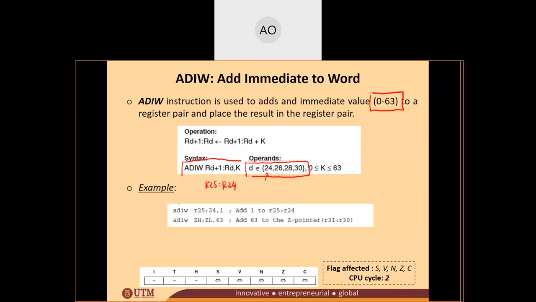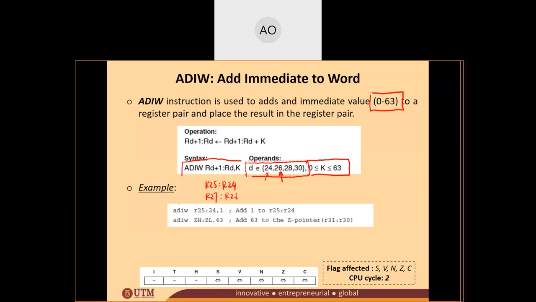If your D is R26, the register pair is R26 and R27. So you need to use this register pair only. What about your K? Your K should be from 0 to 63. Tak boleh lebih daripada tu. If lebih, then you get error.